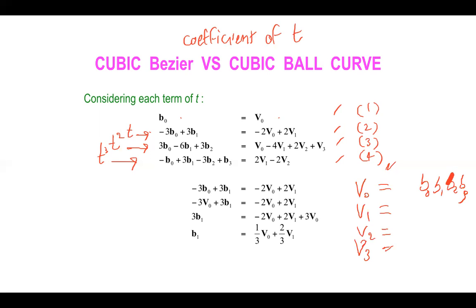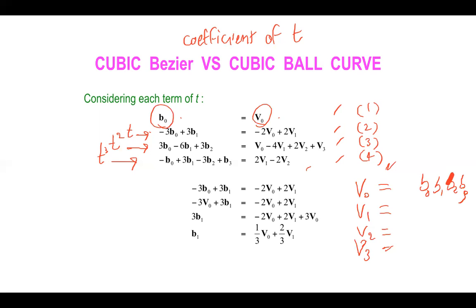Okay, so we have to solve this system of equations. This is a linear system, so it's easy. We already have B0 is equal to V0. We leave this the same, and then we try to solve this system of equations by using B0 and V0.